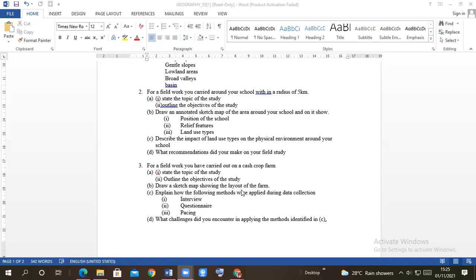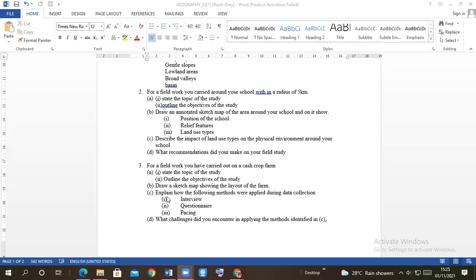Then if the farm has a factory which processes, you put the latrines, the managing director's offices, so you tell us what is in the farm. You have to be creative. Don't say that I have never gone there. Creativity can make you pass.